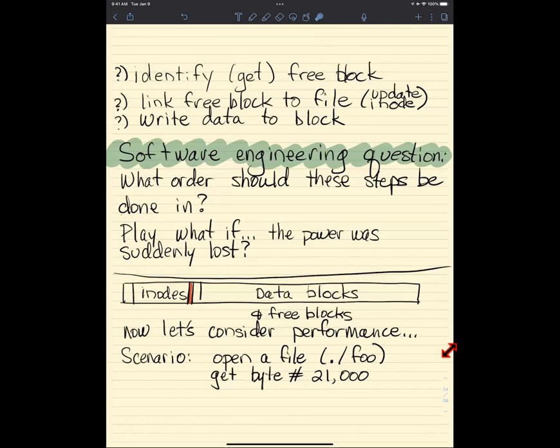Possibly a stupid answer, but memory. Well, you know what?